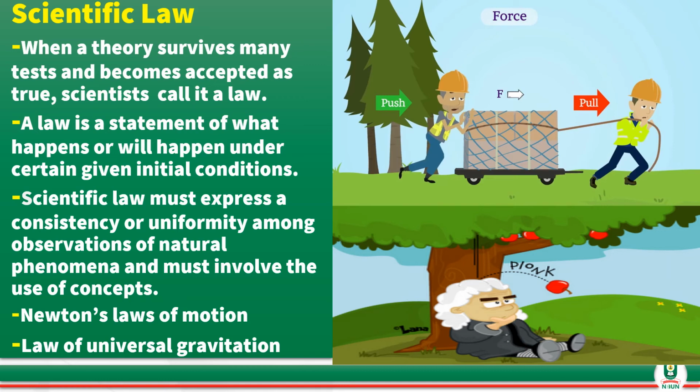Scientific law must express a consistency or uniformity among observations of natural phenomena and must involve the use of concepts. So you don't just come across scientific law. It has stages, it has processes. So you can see law of gravitational force, Newton's laws of motion. Of course, you have three laws of Newton's laws of motion. Those are laws. Law of universal gravitation and law of gravity, as you can see on your slide. So that is scientific law.